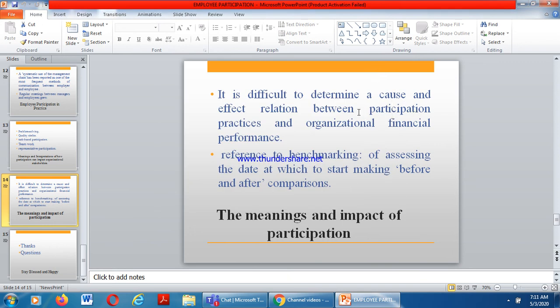All these can affect the financial performance, but workers' participation, employees' participation, is a very important aspect among all the other aspects that have a cause and effect relation with performance.